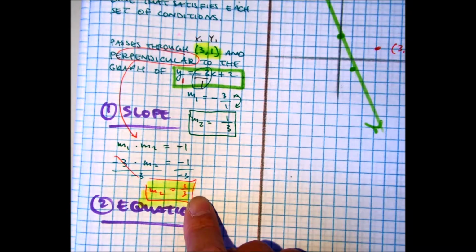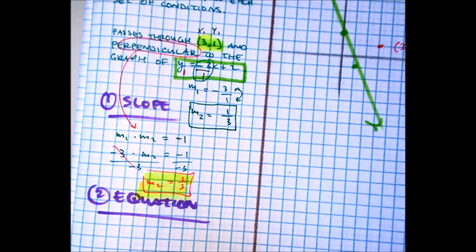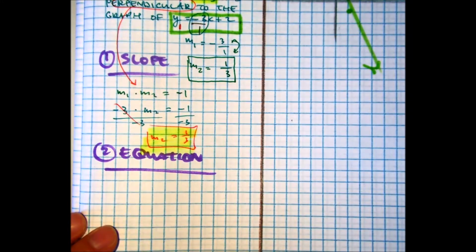On the count of three, class, 1, 2, 3. Which form are we going to use? Point-slope form. So let's go ahead and write that. Melissa, tell me point-slope form.